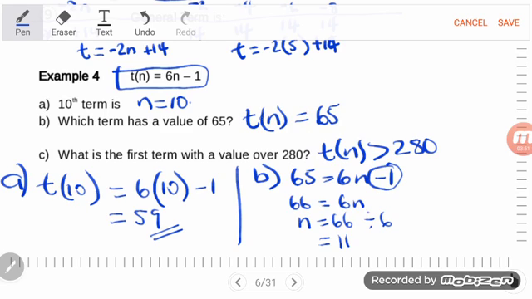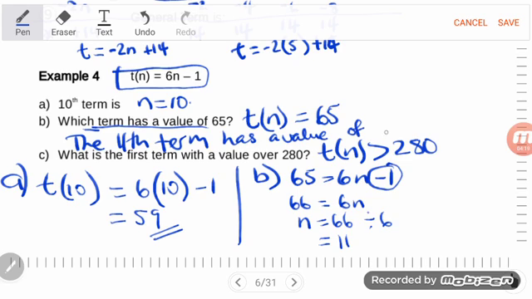So when Tn is equal to 65, it is the 11th term. So here it is a word question. We need to give them a word answer. So here we can just simply say the 11th term has a value of 65. And it's done.